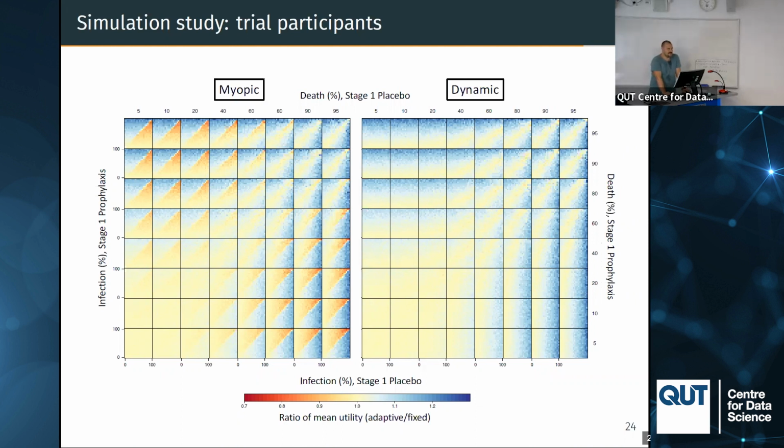Was there a question at the front here? Can you explain the color scale of the utility? Why does it start at 0.7 and end at 1.3? That's just the range of what's observed in the simulation. We don't see a reduction below 30%, and we don't see an improvement above 30% in terms of utility.